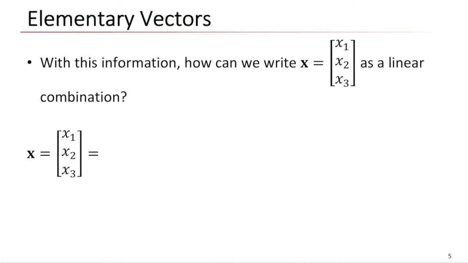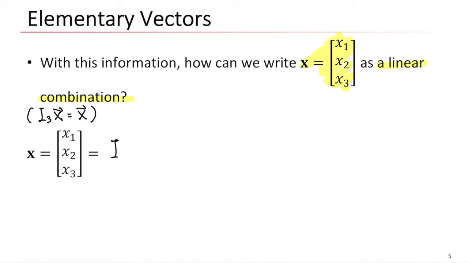And then with these elementary vectors, how can we write an arbitrary vector x = (x1, x2, x3) in R3 as a linear combination? How can we do that? First of all, we already know that I3 times x equals x itself, right?